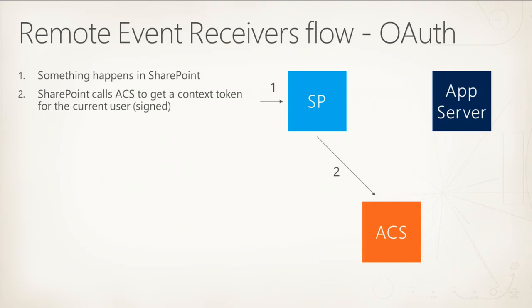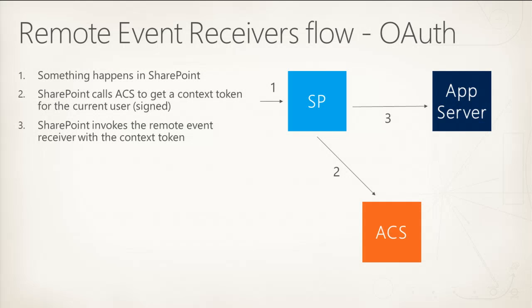So the first thing that SharePoint will do is call ACS, and it's going to get a context token for that specific app and for that specific user. And that context token is almost a promise, if you will, to be used to call SharePoint back. It's not actually the thing that the app will use. SharePoint is going to call the app server, and it's going to pass that context token into the app server.